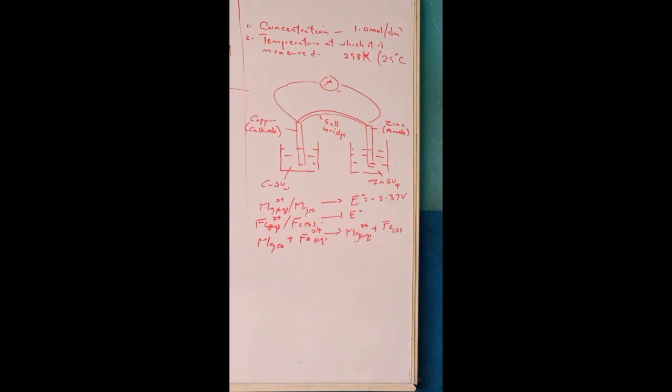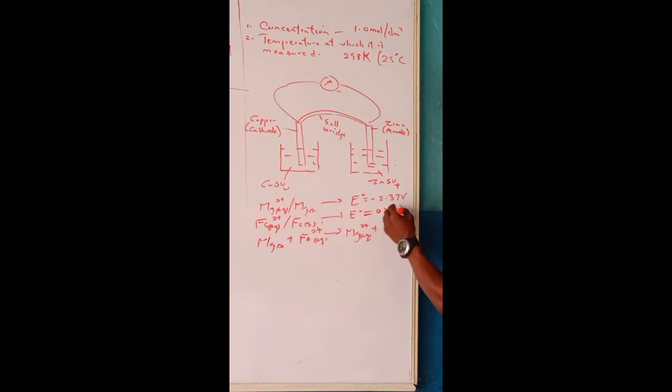So let's see how we derive the electrode potential for this. The first thing we do is, if you look at the equation, oh, I didn't give it for this. What did I give for that?